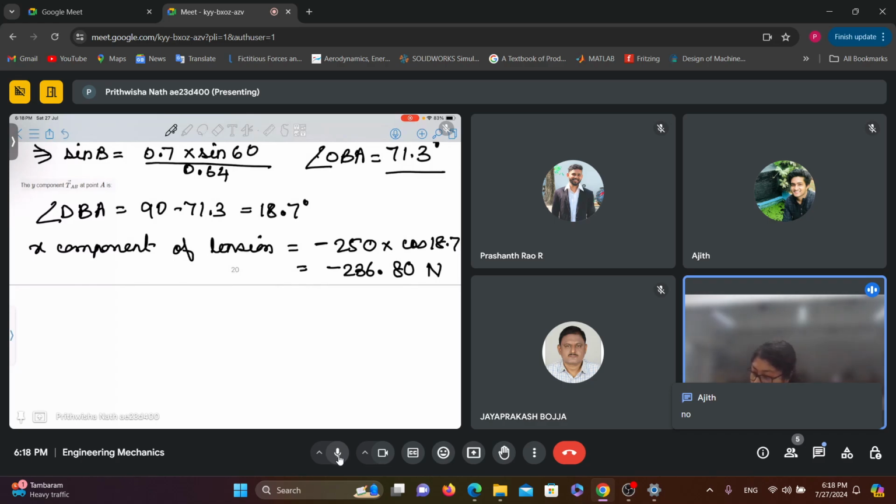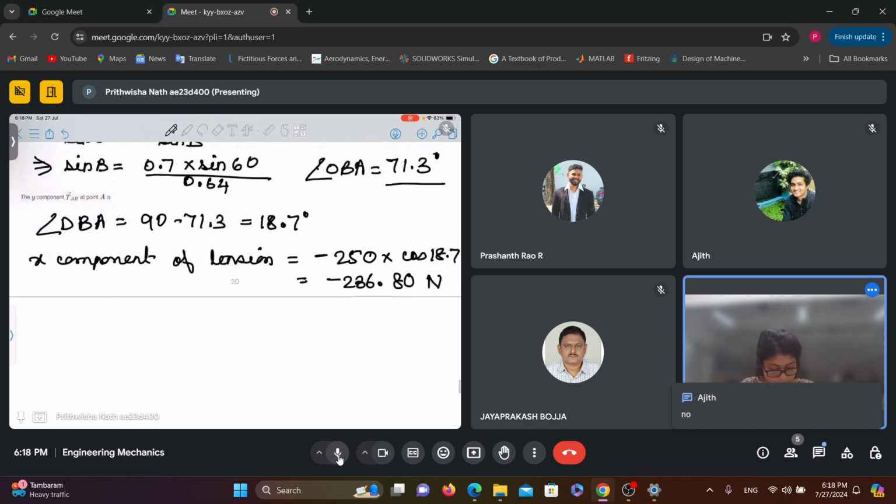Okay. So the next problem is we need to find the y component of the tension. So y component.